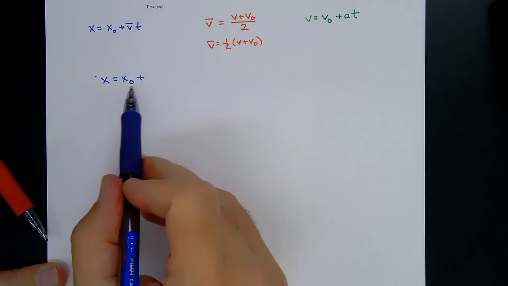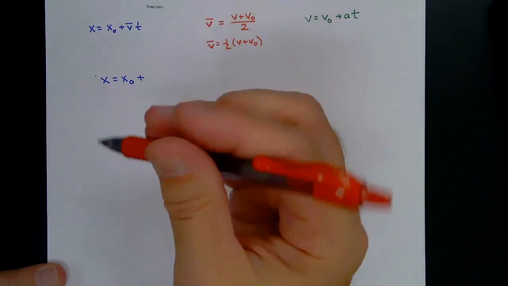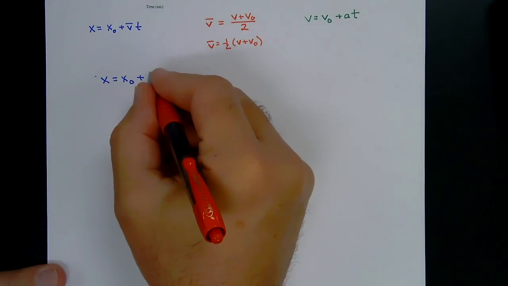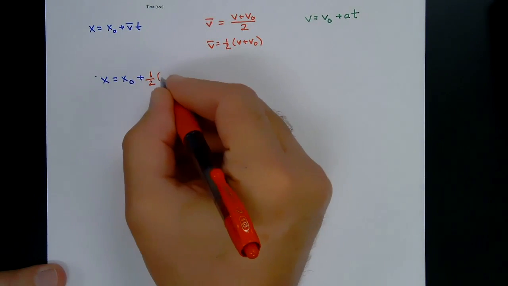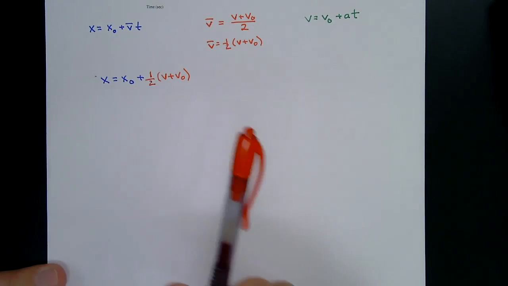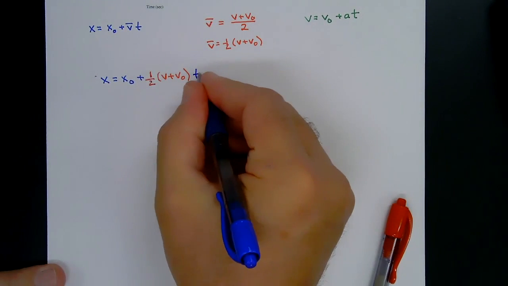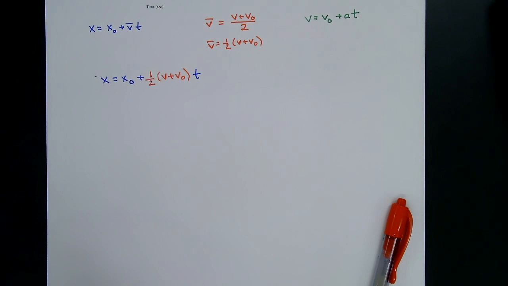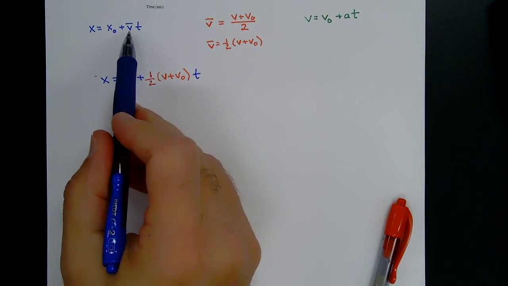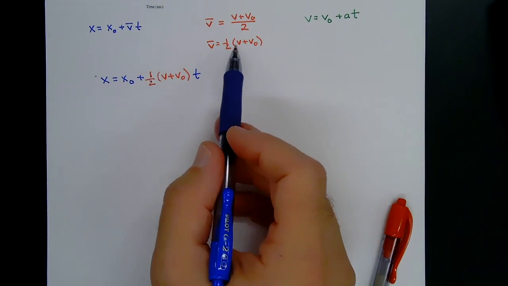So this V bar becomes the 1/2 V plus V sub o. I had an extra set of parentheses that I didn't need. So 1/2 times V plus V sub o, and then times the T. I'm just using color coding to help you see it. So I took this V bar and replaced it with 1/2 times V plus V sub o.